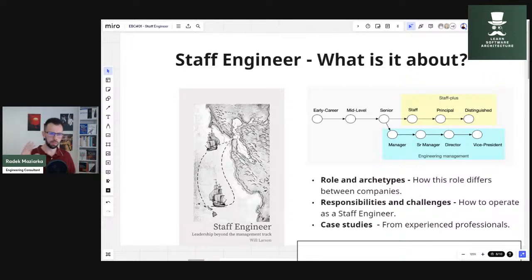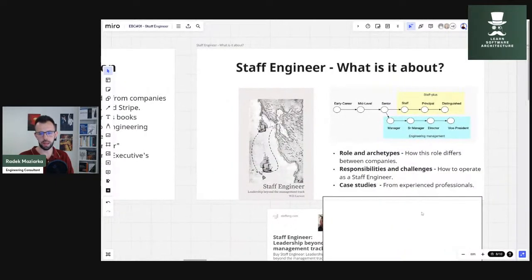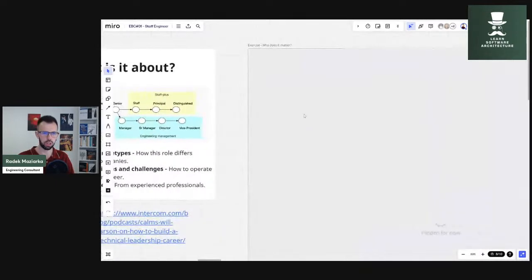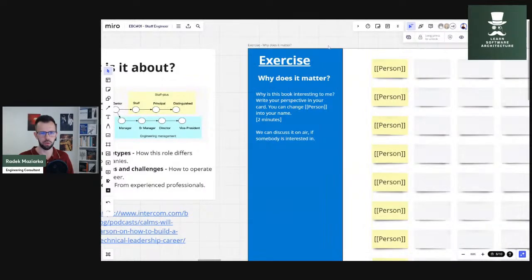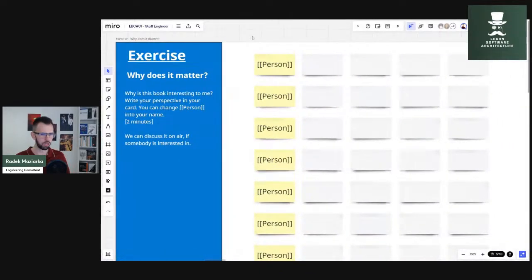Yes, so this is the book, like from the cover. This is something you can get from just reading through some basic materials. And because you joined this episode, I have a short exercise for you. Why does it matter? Why is this book interesting to you?